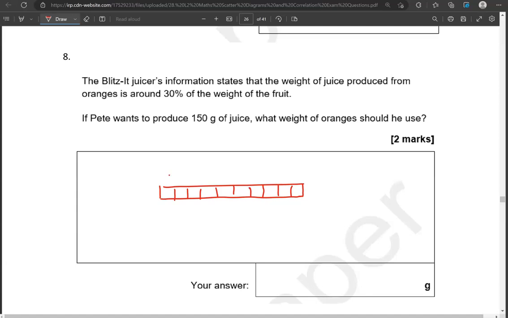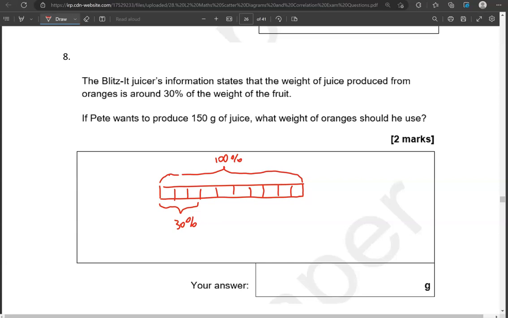So this would be the 100% amount. So that's the fruit. The orange is used to produce the juice, and the juice is only 30% of all the fruit used. So that is 30%.